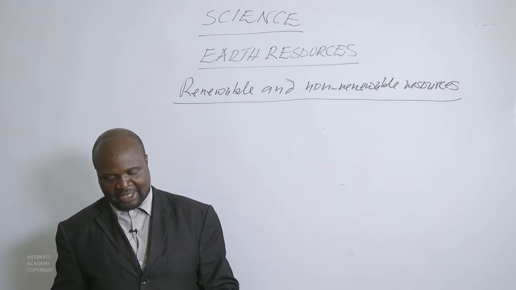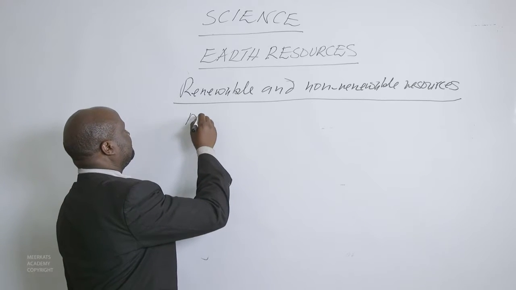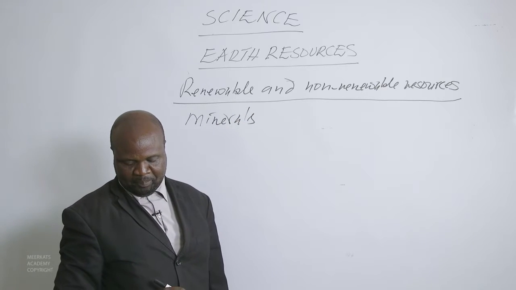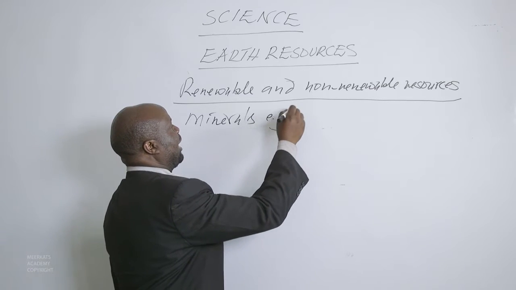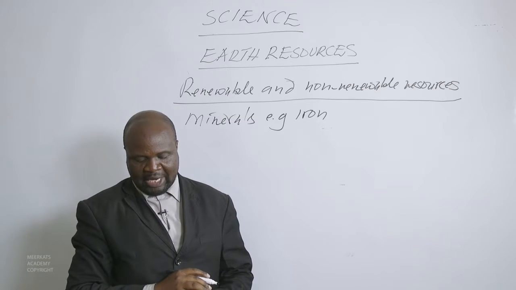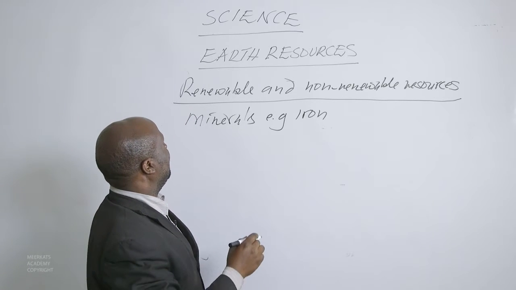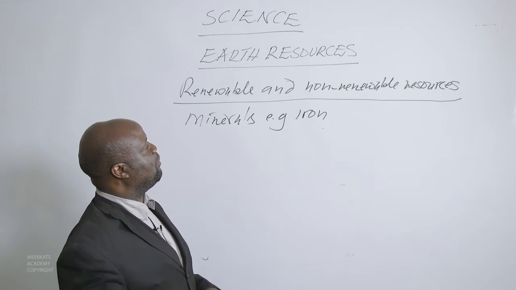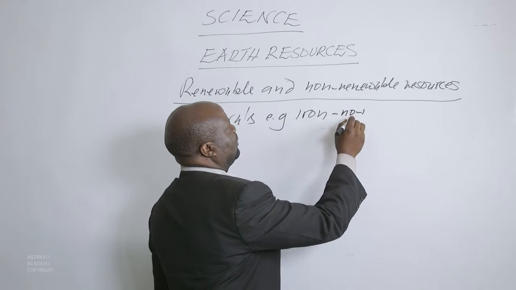We are saying other resources such as minerals. These minerals, like iron, we are giving an example like iron. Iron is non-renewable and can never be replaced once it is used. So we saw the sun is a renewable resource, but when it comes to minerals such as iron, we are saying it is non-renewable.